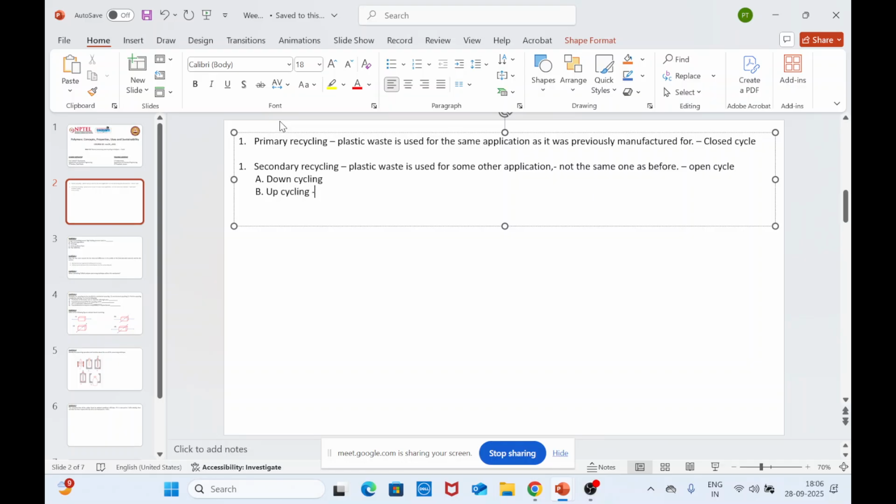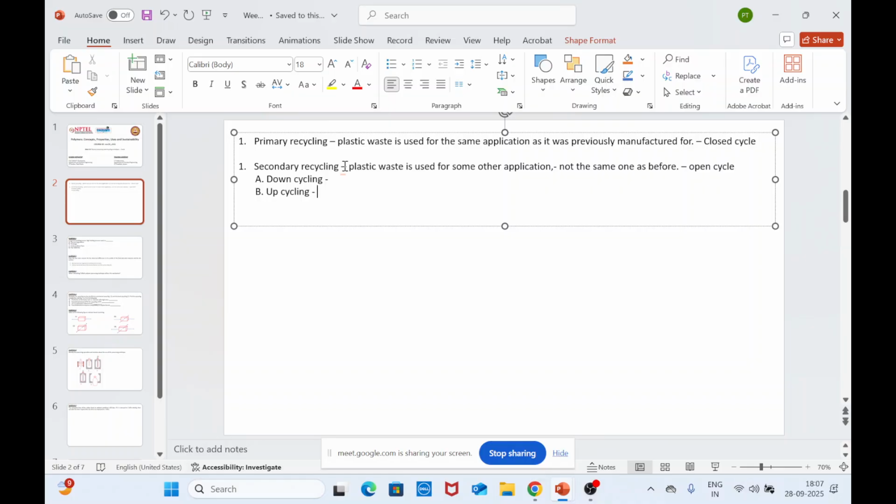In case of upcycling, what you actually do is take the plastic waste, do some processes, manipulate the plastic waste material, or devise some strategies.